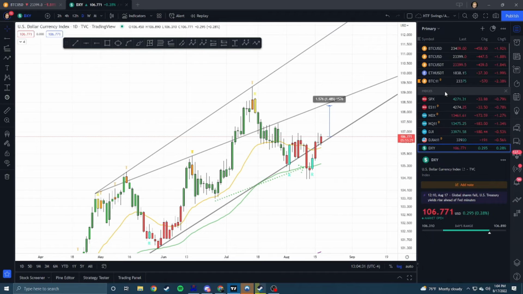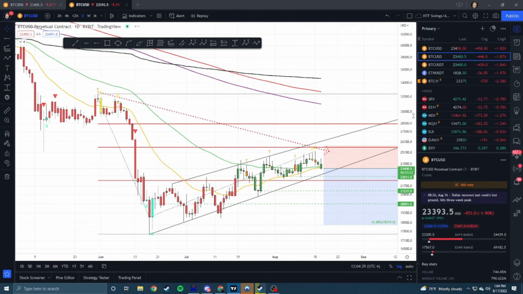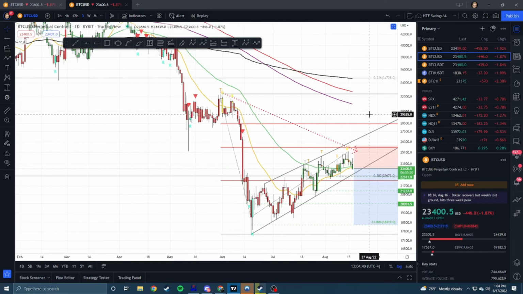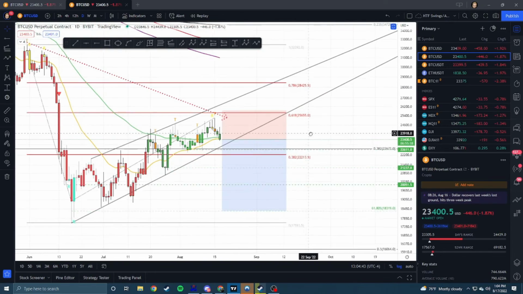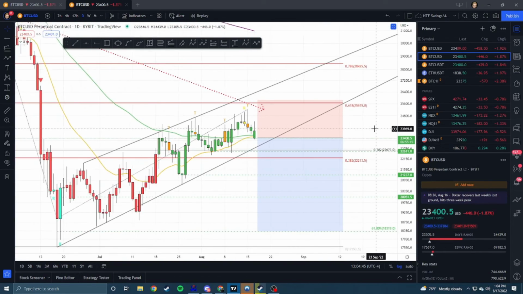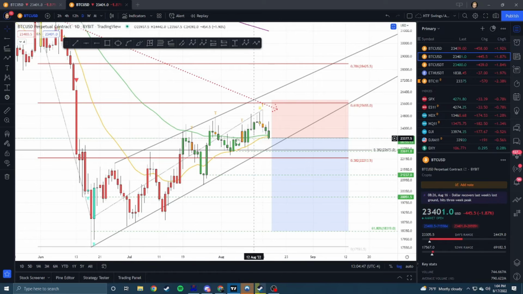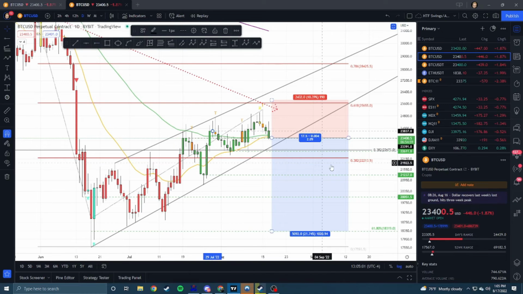So with other markets and indices reinforcing our bias going into Bitcoin, let's have a look at what a potential trade setup would be. Once again, confirmation is going to be a closure below the 21 and the 55 EMA, along with this last local high here. We can actually mark that off because those are going to be important entry points here: 23.4K, and let's call this last local high at around 23.8K, right?